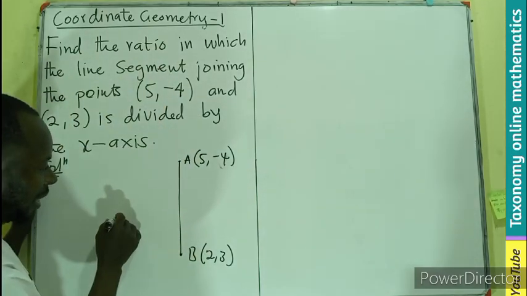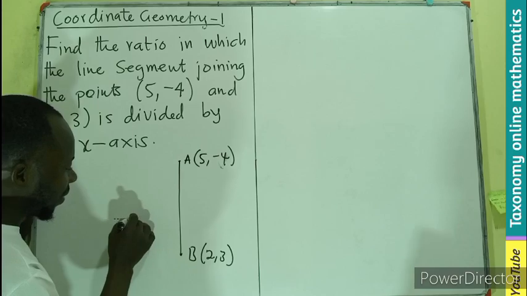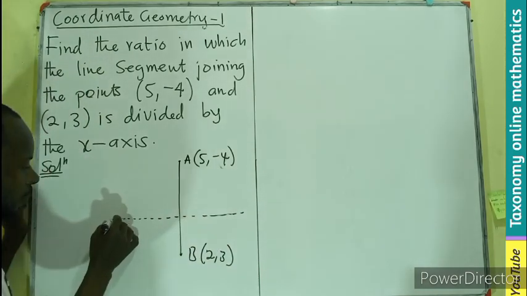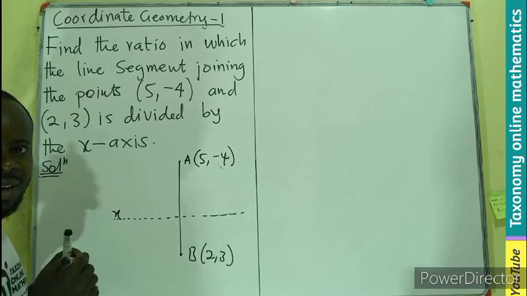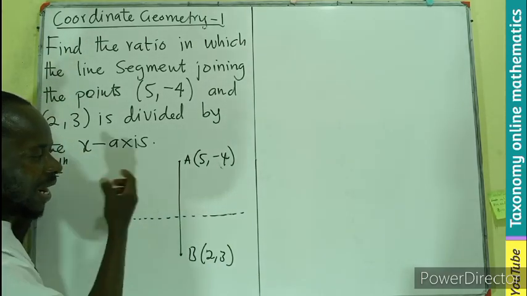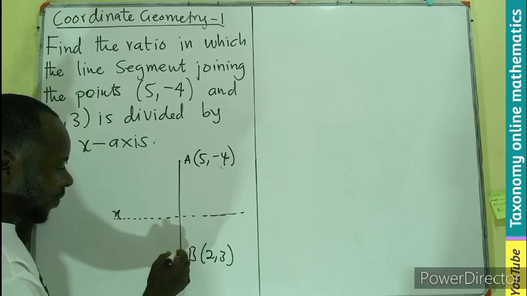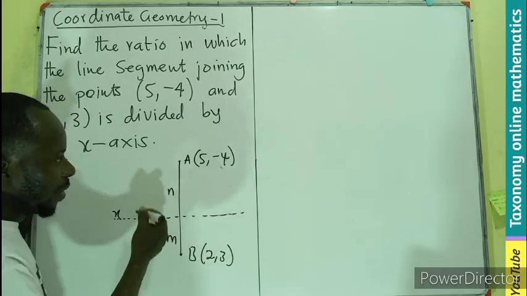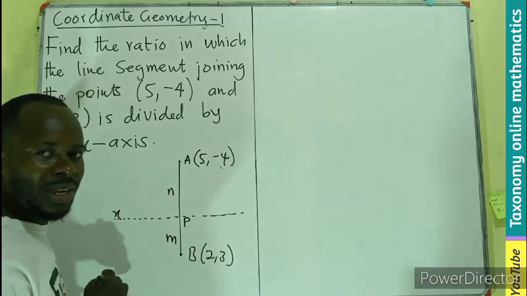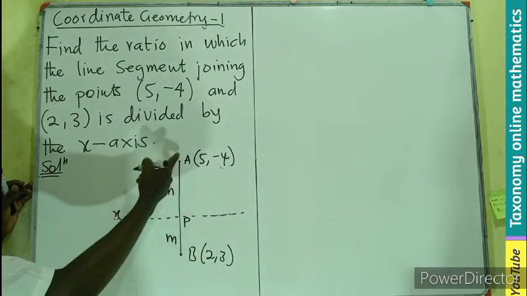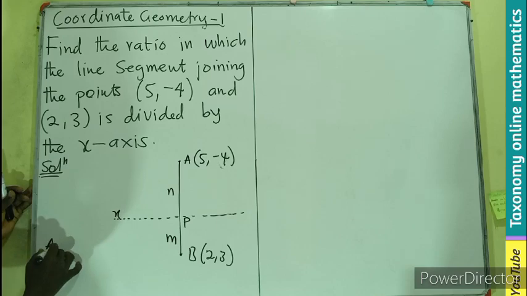So let's just say that our x-axis is passing through here. If this is the x-axis, you see that it divides the line into, let's say, M and N. So let me put here point P, meaning the x-axis will divide the line AB into the ratio.